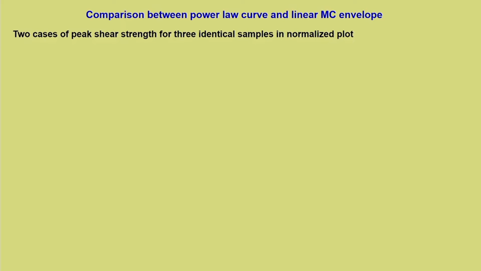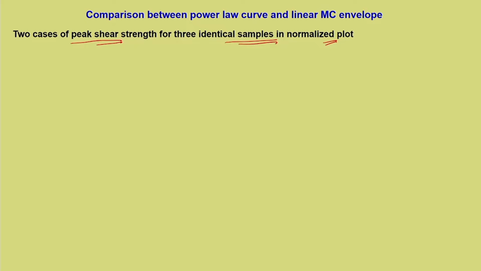For this, I am considering two cases of peak shear strength for 3 identical samples in a normalized plot. So, now we will consider only the normalized plot, because we have discussed in detail how e and w are going to affect the initial state.